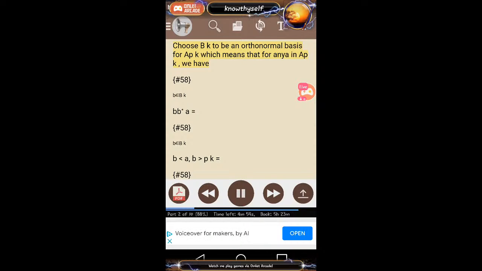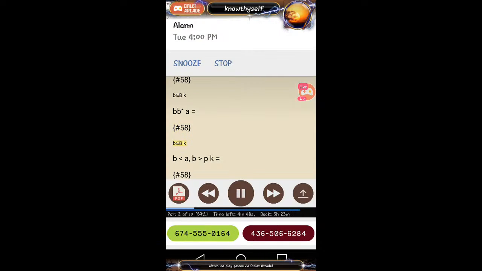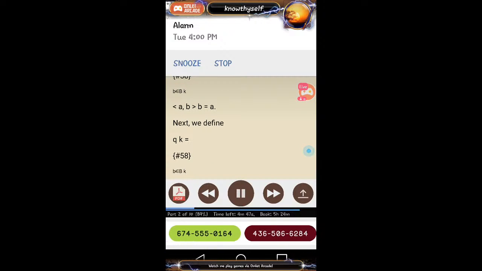Choose B_k to be an orthonormal basis for A P_k, which means that for any a in A P_k, we have a = the sum over b in B_k of ⟨a, b⟩ b.